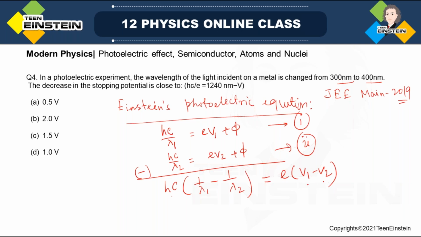So that's why V1 minus V2. Okay, or 1 by lambda 1 minus 1 by lambda 2. So here we can do one thing. We can write this V1 minus V2, or delta V, change in the stopping potential, is equal to hc by e into 1 by lambda 1 minus 1 by lambda 2. Okay, so this is the change in the stopping potential.